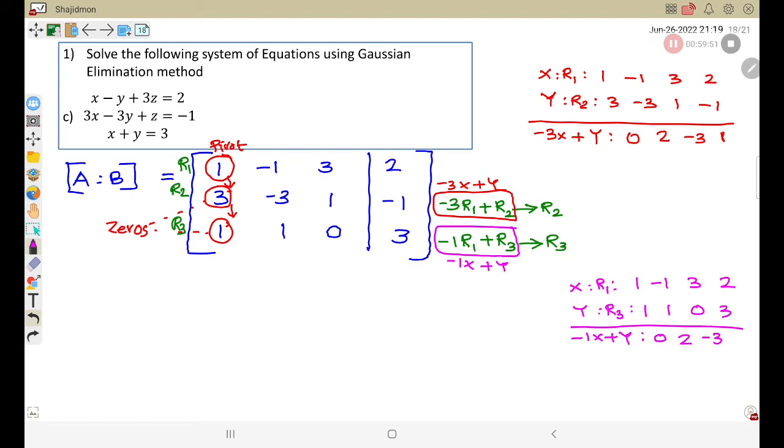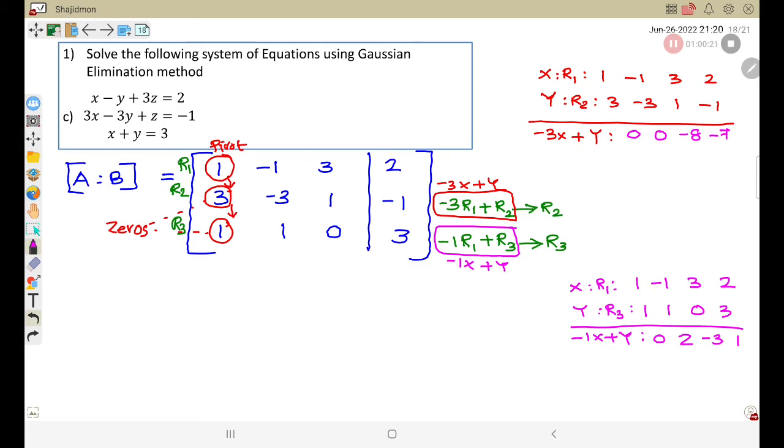sorry, just a small correction. Here we are getting 0, 0, minus 8, minus 7. Here we are getting 0, 2, minus 3, 1.